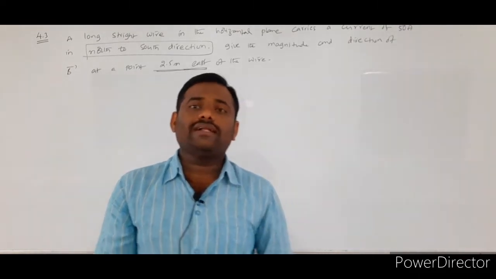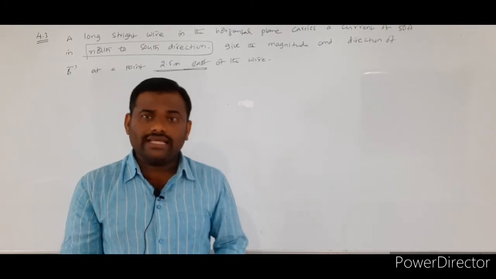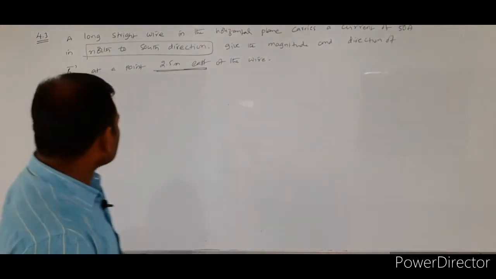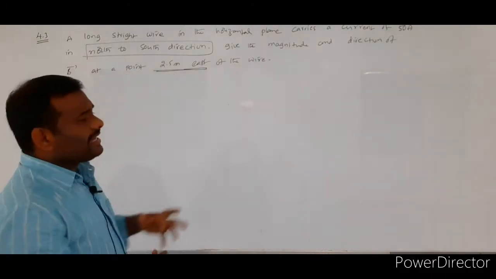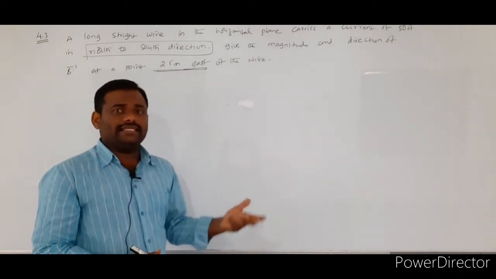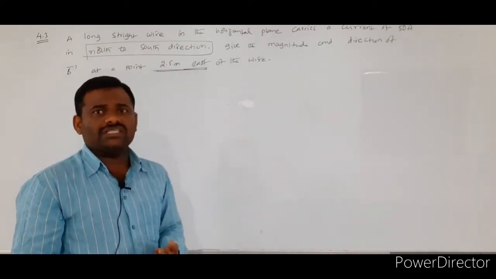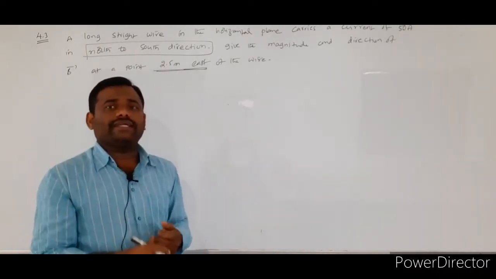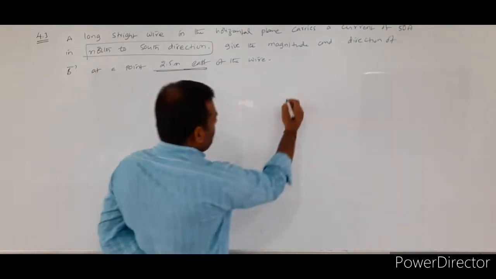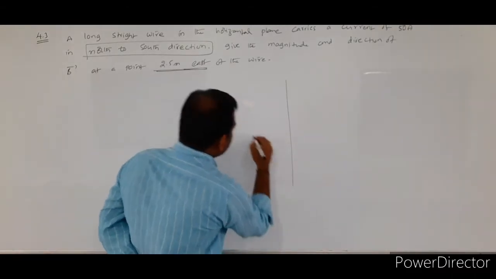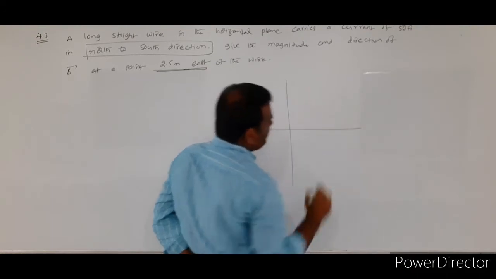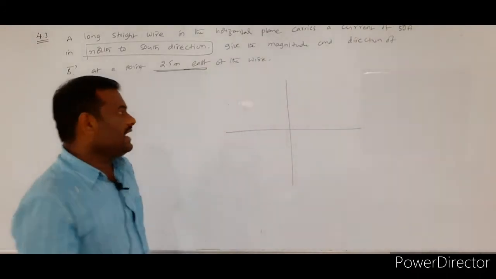This type of numericals are somewhat difficult to find the direction. See here. Whenever they are asking north, south, east, west like this, whatever the problem, either it is moving charges and magnetism or in the case of vectors in the first year, first we have to make a plus symbol and indicate the directions.